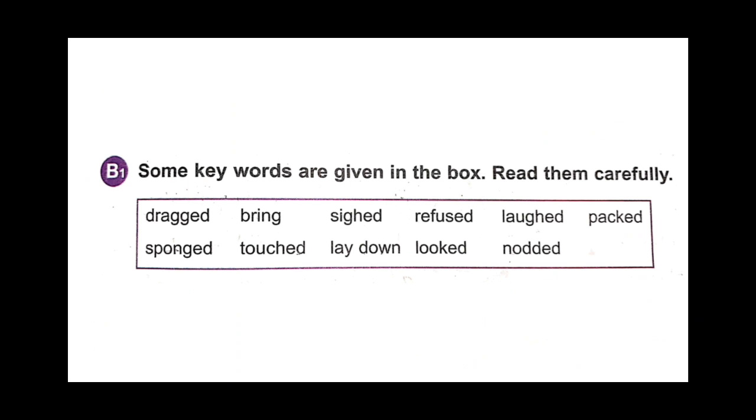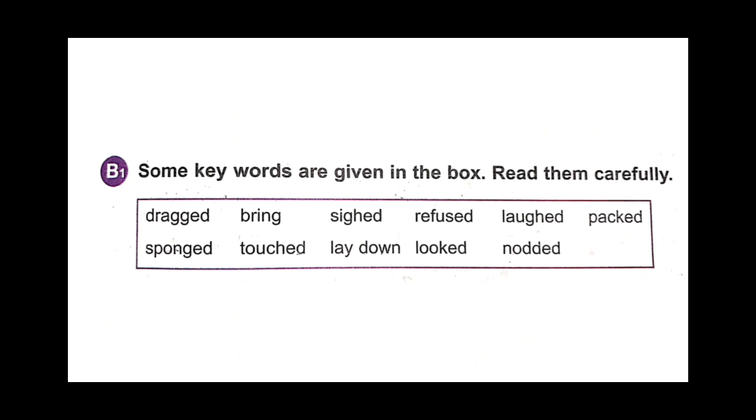Sighed. Refused. Refused means to deny. Then laughed. Laughed is the past form of laugh.